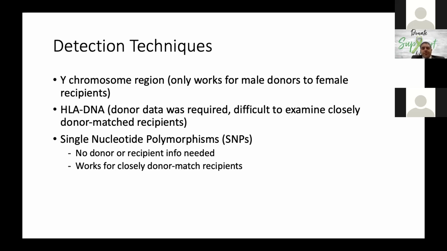So with single nucleotide polymorphisms, so-called SNPs, the test is now able to decipher between the donor source and the recipient source without relying on HLA, and without being limited to female recipients of male organs. So now the test can be applied under many circumstances.